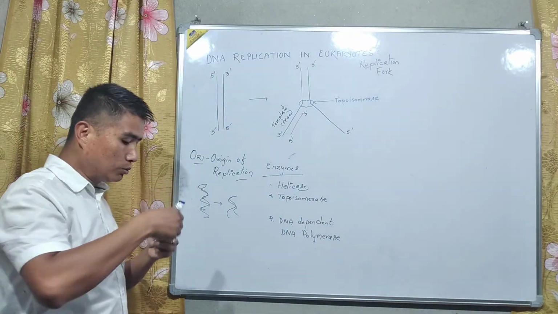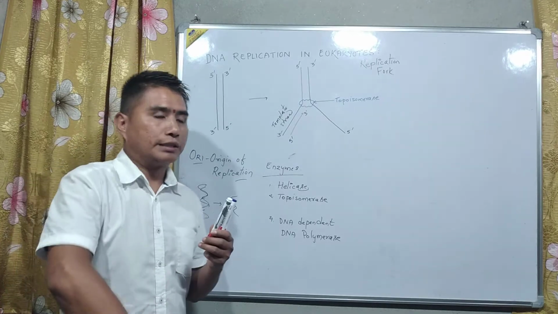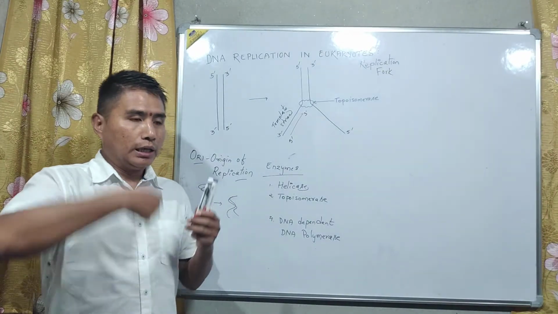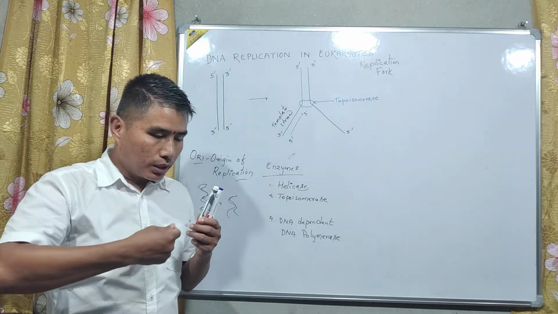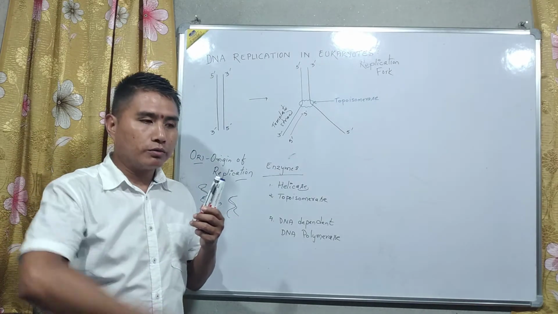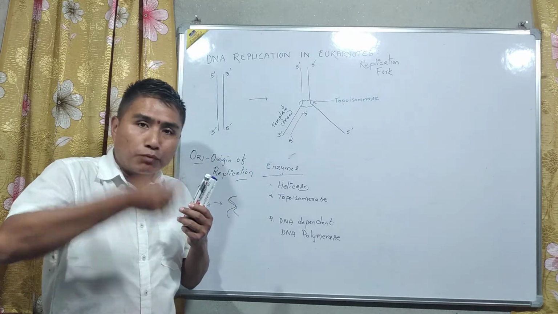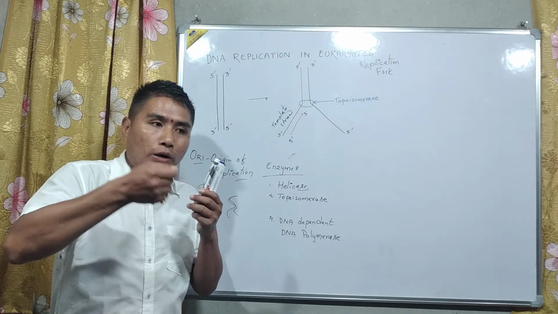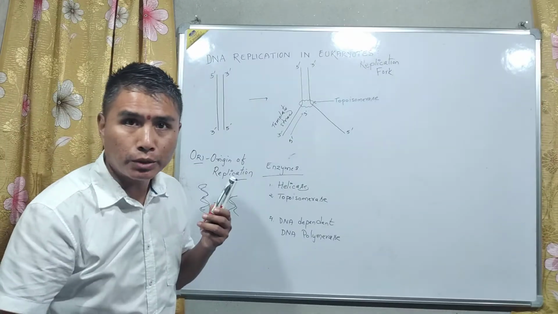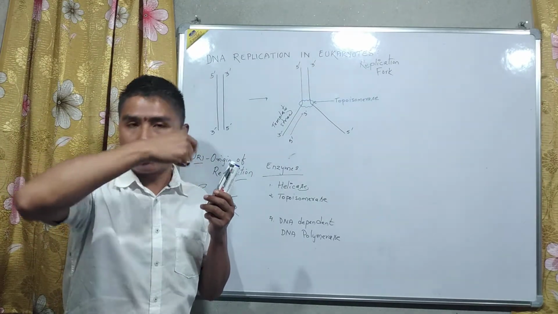But as you know, even in a zip, we have the lock. We pull down the lock, and then the zip opens up, but at the end of the zip there is a dead end from where the lock cannot come out, because if the end is not sealed, the lock will come out.